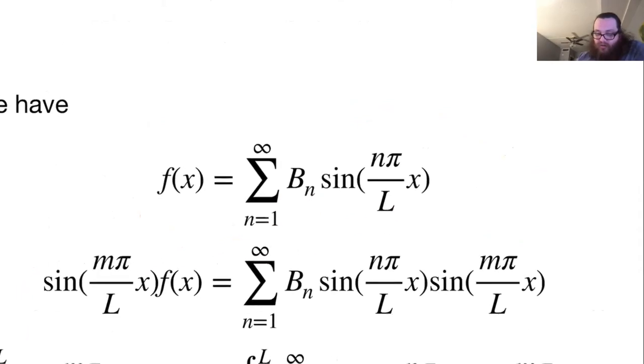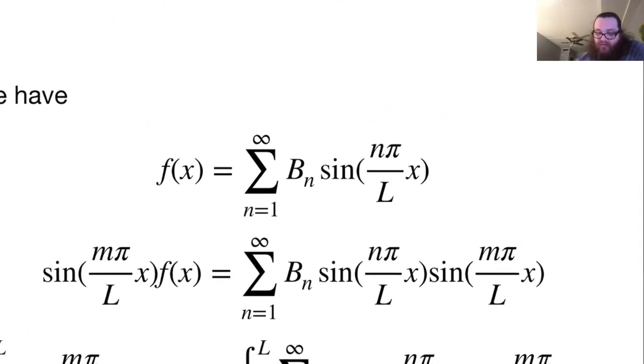What we're going to do is multiply both sides of this equality by sine of m pi over L x, and distribute this sine of m pi over L x over this infinite summation, and assume that's a valid operation. So multiply both sides by sine of m pi over L x, distribute it across that infinite summation. We end up with this expression.